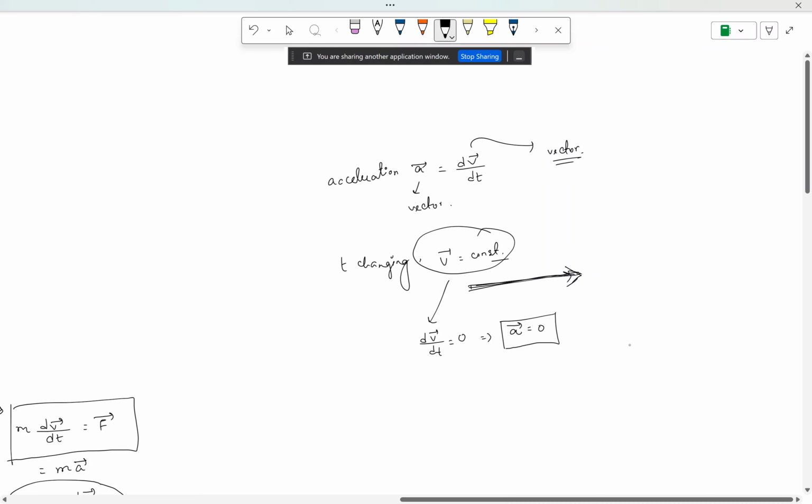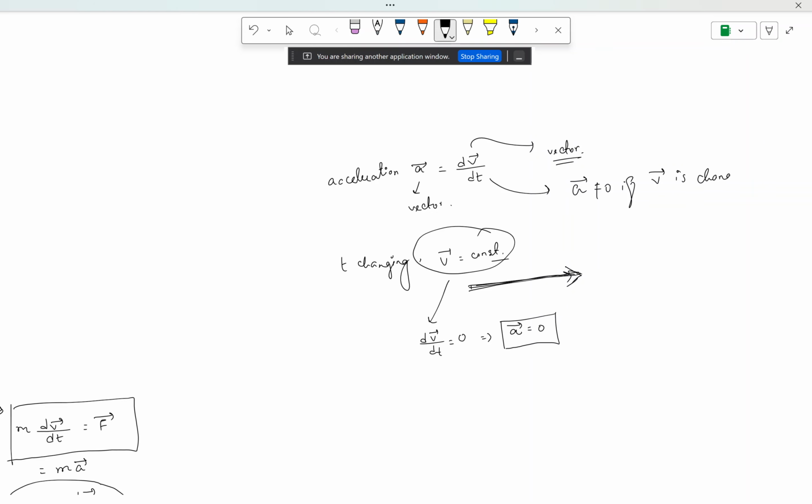In this case, the object will be experiencing an acceleration when the velocity is actually changing with time. So a is non-zero if velocity is changing with time, but a equals 0 if velocity is constant, or not changing with time.